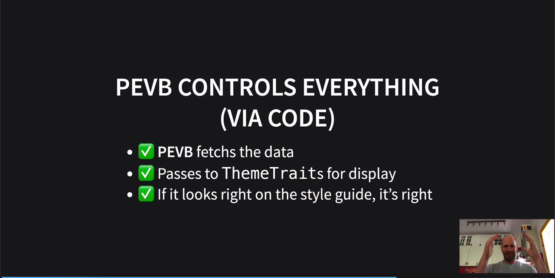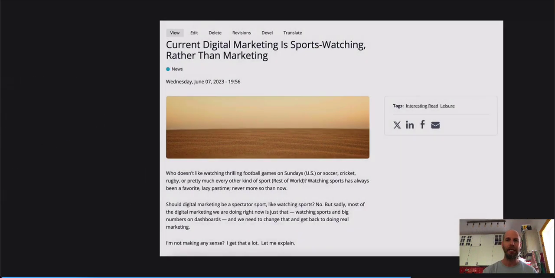So kind of the flow of how we're structuring the thing: the Entity View Builder, the Pluggable Entity View Builder, is what's responsible for fetching the data, meaning loading the node or the paragraph, extracting the raw data, and passing it to the theme trait. And if it looks right on the style guide, it's for sure right on the Entity View Builder, meaning if the static version is right, then for sure also the dynamic version is correct.